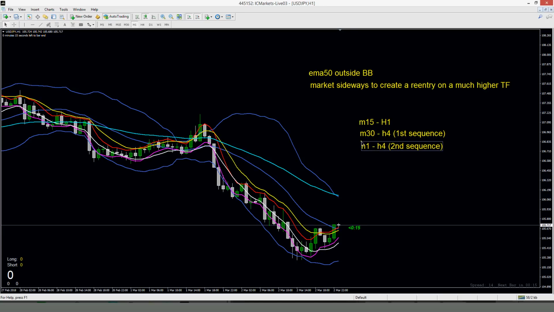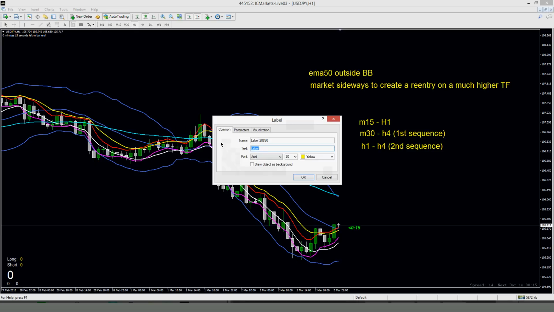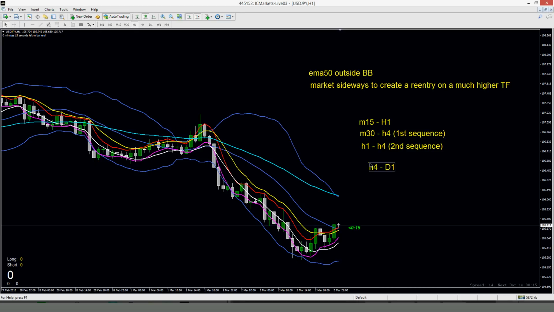And so on. If you have H4 going out, then the re-entry will be at D1, and so on. That's roughly how it goes. With D1, you have a weekly re-entry; with weekly, you have a monthly re-entry. So it gives you an early indication of what the market is trying to do.